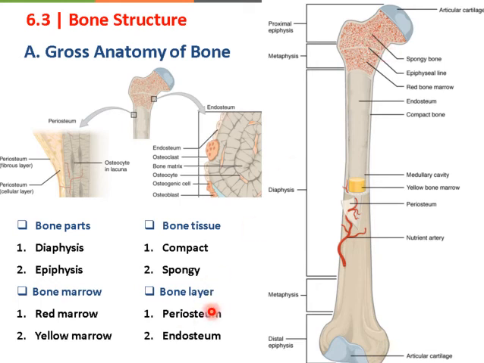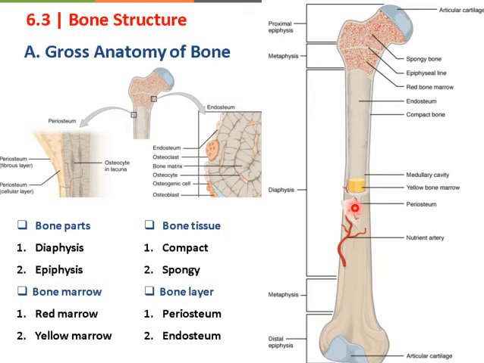And in terms of bone layers, we have two layers: the periosteum, which is the outermost layer of the bone covering the compact tissue, and the endosteum, which covers the inner side of the bone. Periosteum hosts the blood vessels, nerves, and lymph.